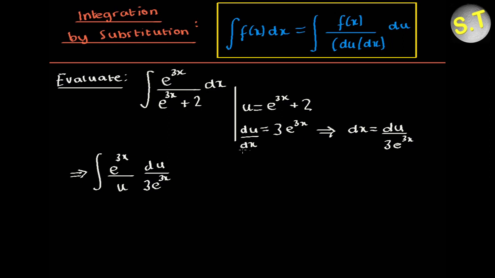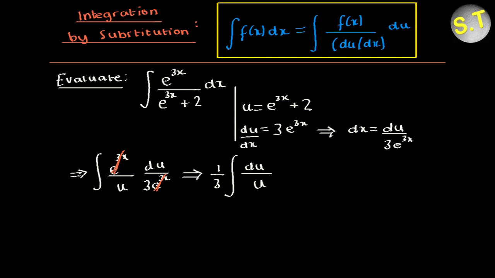And once again we can see that this e to the 3x value here will cancel with this one. And our 1/3 value, being a constant, can be brought outside of the integral. So now we have 1/3 multiplied by the integral of du over u.